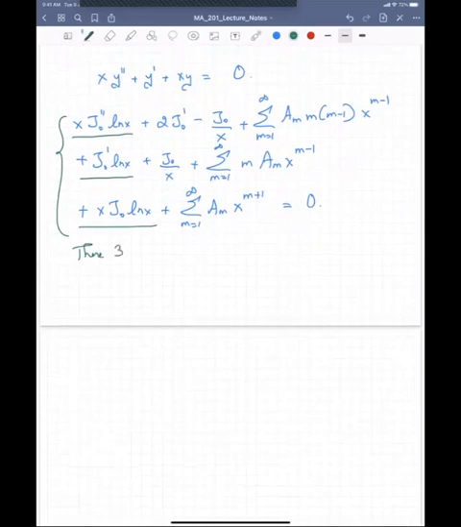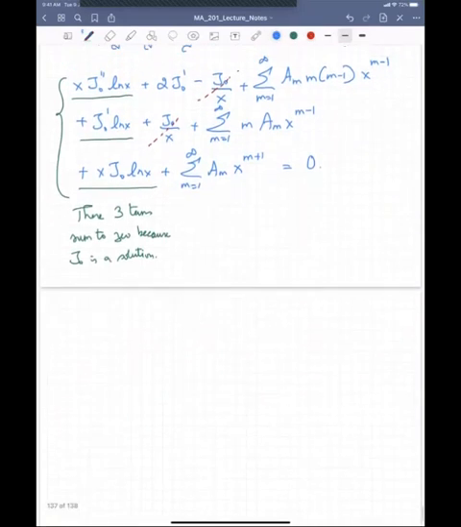These three terms sum to 0 because J0 is a solution. Moreover, the plus J0 of x here cancels the minus J0 of x. Okay, so put everything that is remaining.